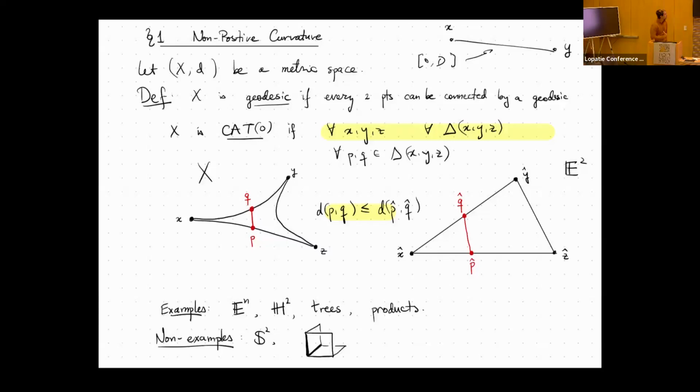So the slogan is that triangles in our space are thinner or pinched. Sorry? They're pinched. Pinched, okay. But note that this is only a weak inequality, okay? So they're not wider than triangles in Euclidean space.